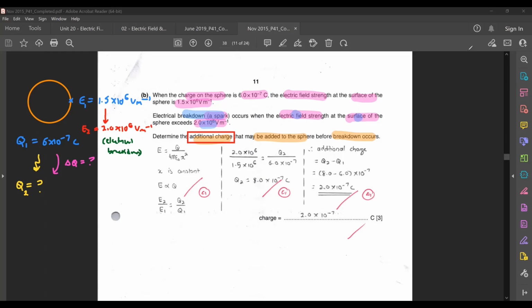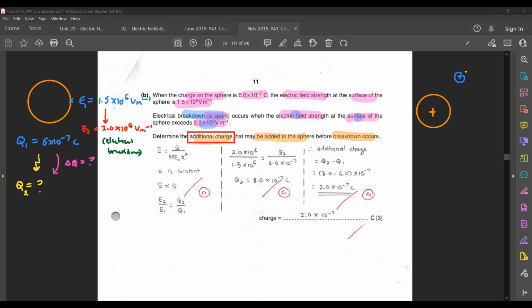or your spark. Consider this, if this is your sphere and it is positively charged, for example, if you increase the charge so that your field strength increases, suddenly you will have some spark occurring. That spark is actually from your air molecules. You see, around your sphere you have air molecules floating around.